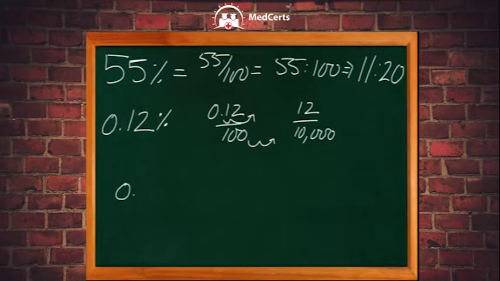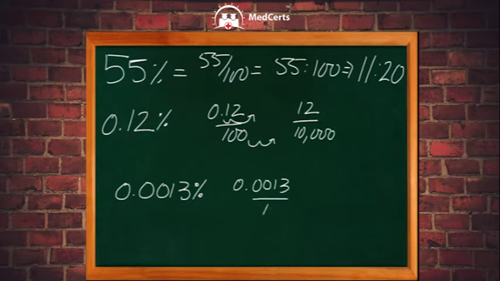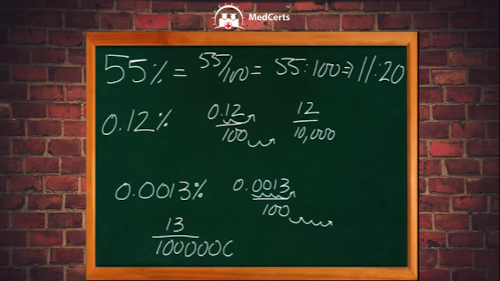If I have 0.0013%, if we express that as 0.0013 over 100, however many decimal places I move on the top, I have to move the same amount of decimal places on the bottom. So on the top, since I'm moving 4 decimal places, on the bottom I'm moving 4 decimal places, which would give me 13 over 1 million.